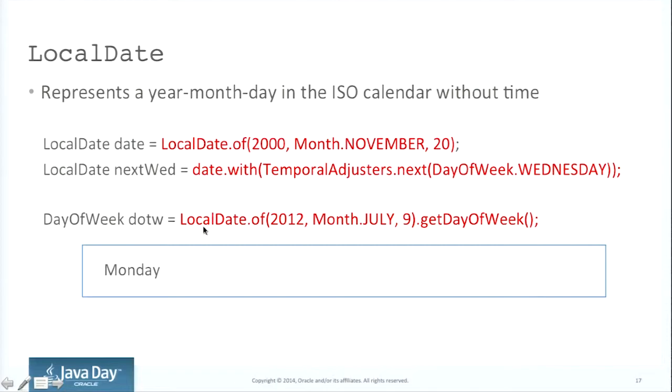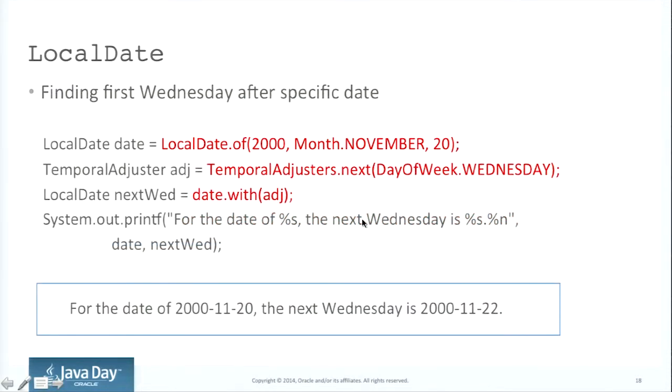For example, from a LocalDate, remember this is how you create. So I'm creating July 9th of 2012. Get which day of the week is that particular day, okay? For example, finding the first Wednesday after a specific date.